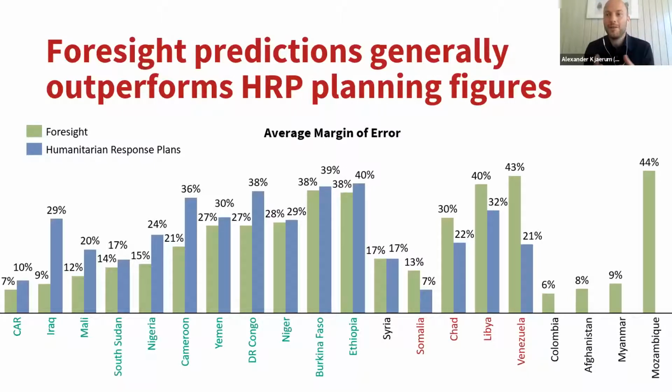Again, there is still some work in terms of adding country-specific data to the models. So we also believe that we can get our margin of error down in a number of these countries, and they may then be able to outperform the humanitarian response plans.